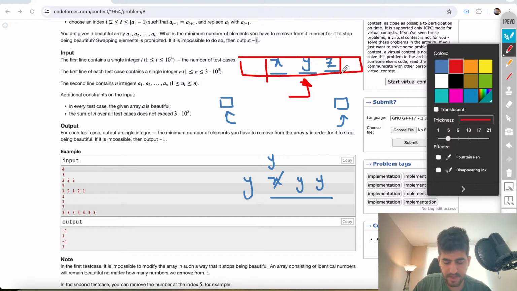The indices of elements which are not equal to a0, and find the shortest subsegment. Length of continuous subarray of shortest repetition of a0. Let me see, what do you mean? You start from a0, you mean you want to remove the minimum number of elements.